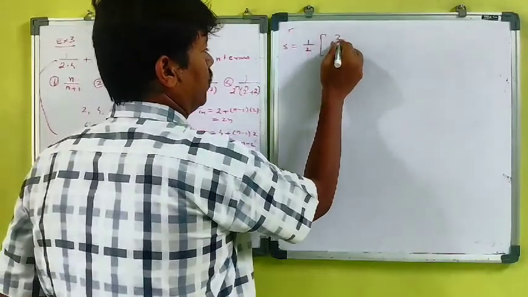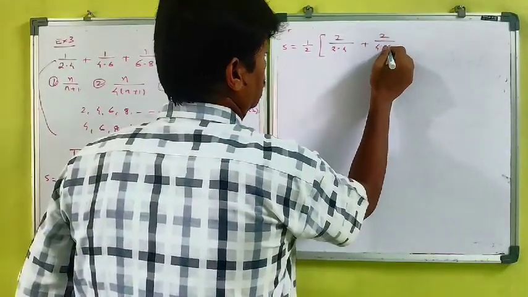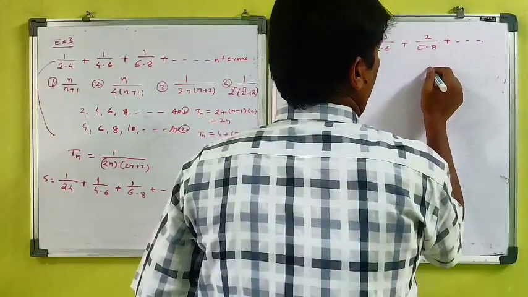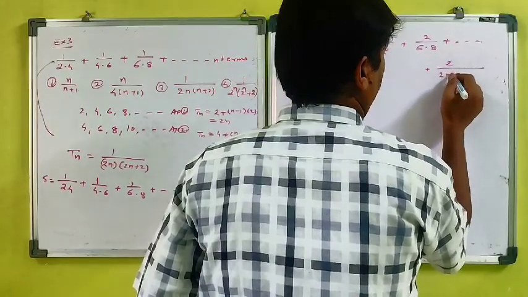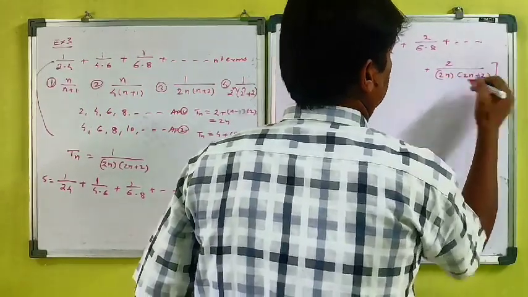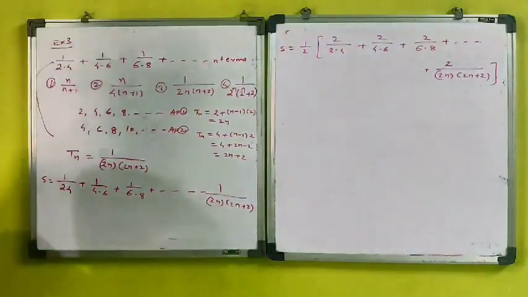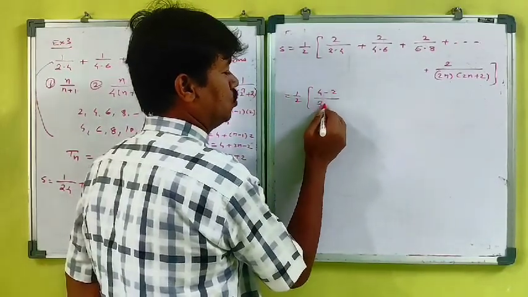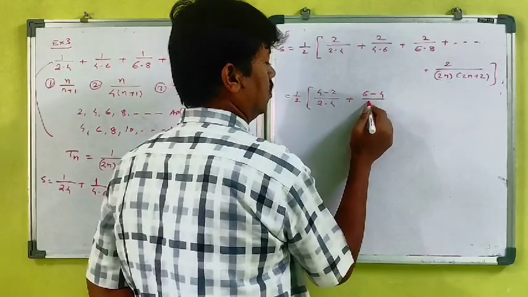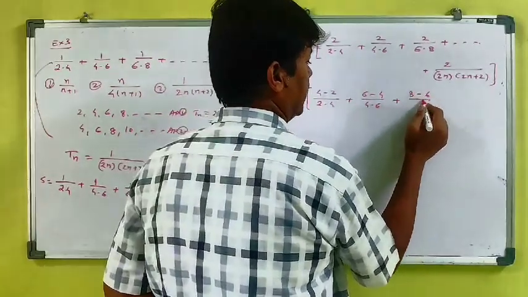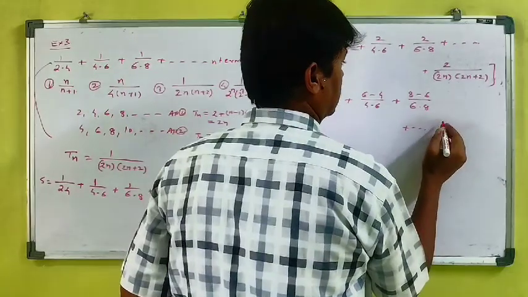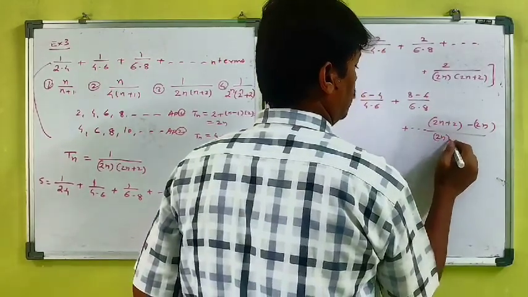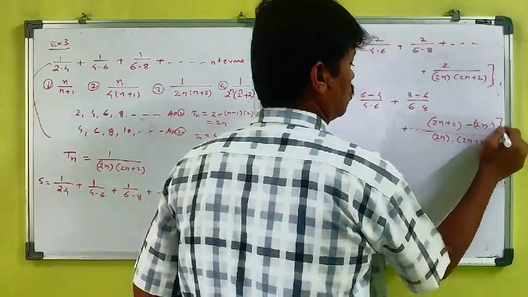So 1 upon 2, 2 upon 2 into 4 plus 2 upon 4 into 6 plus 2 upon 6 into 8 plus up to 2 upon 2n into 2n plus 2, like this. Then we write this 2 as 4 minus 2 for 2 into 4, 6 minus 4 for 4 into 6, 8 minus 6 for 6 into 8, like this, up to 2n plus 2 minus 2n upon 2n into 2n plus 2.